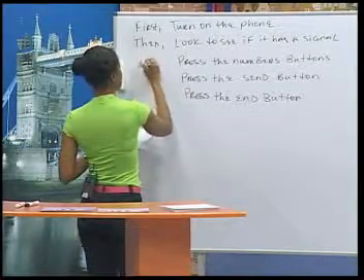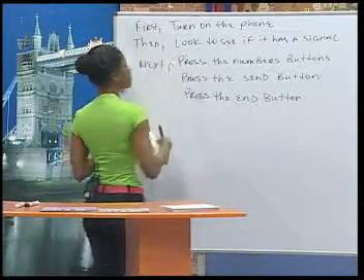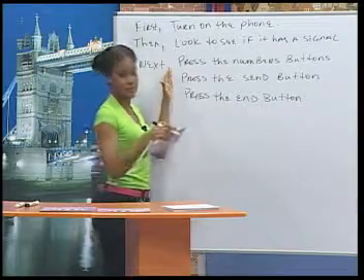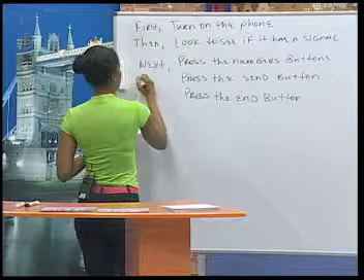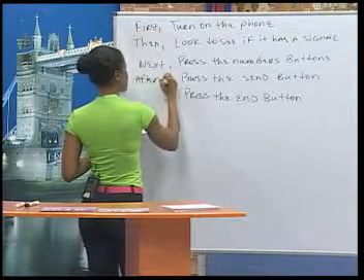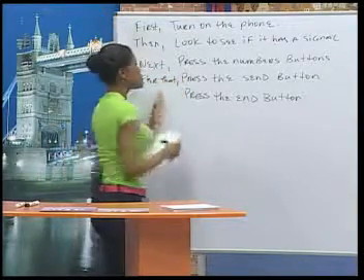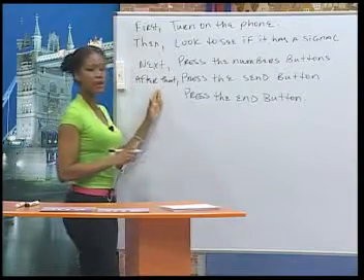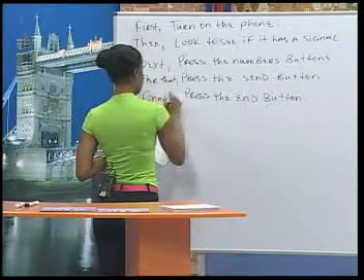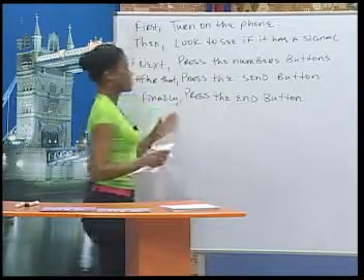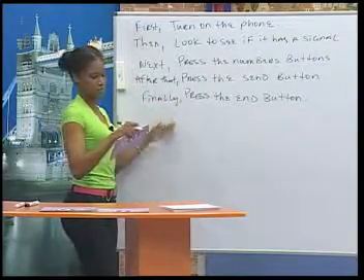He told us, next, press the numbers buttons for the person you want to call. After that, press the send button to make your call. Finally, he said, press the end button.